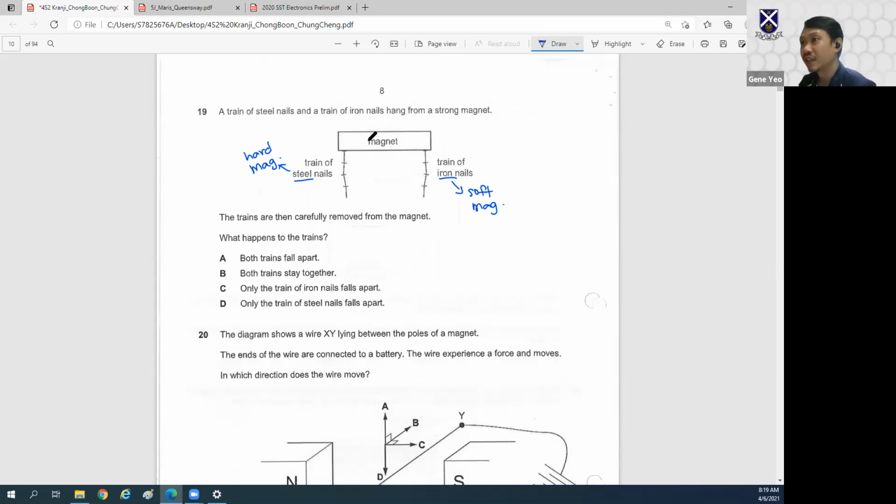Yes, but in this case, they are magnetized through magnetic induction, which is by nature a temporary magnet. Okay, so even if you have steel, it's just going to be a temporary magnet. All right. So once you remove this train, and once you remove this train, it will eventually lose its magnetism. And I'm going to say that both trains will fall apart. Okay, the answer should be A.